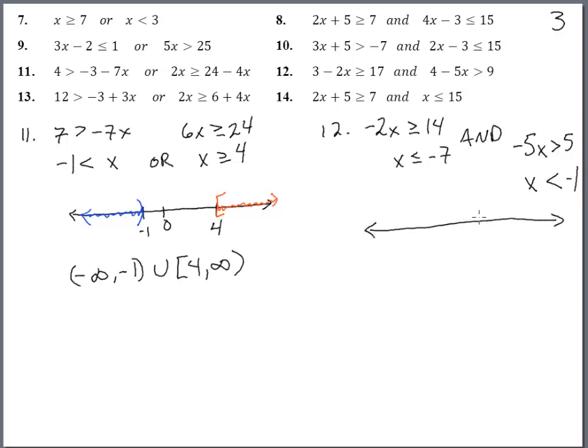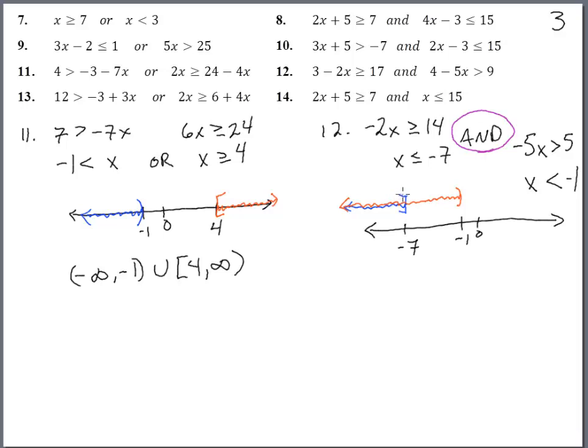Here we have 0, there's a negative 1, and there's a negative 7. Let's mark this guy in blue. Less than or equal to negative 7 is like that. And less than negative 1 looks like this. So if we look at this, we're looking for the red and the blue that make purple.